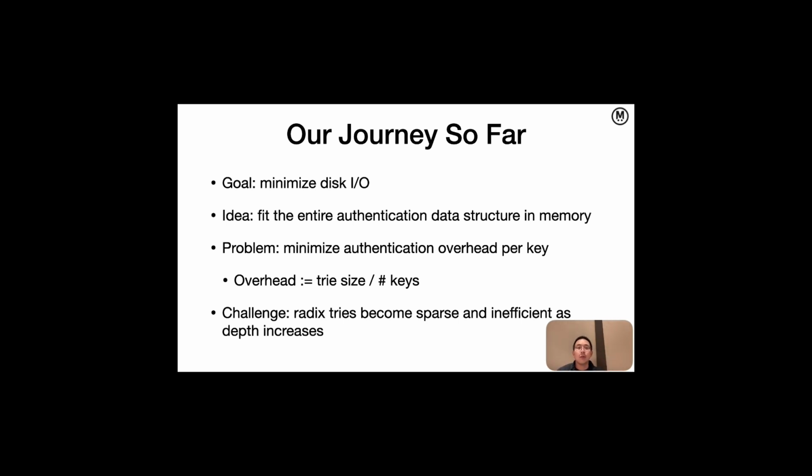And we defined that we want to optimize this metric, which is the overhead. In other words, the size of the tree, the internal nodes, divided by the amount of useful data or key-value pairs you are storing. And we also made an interesting observation, which is radix tries or Merkle-Patricia tries become sparse and inefficient as the depth increases. So this really hurts their space efficiency.